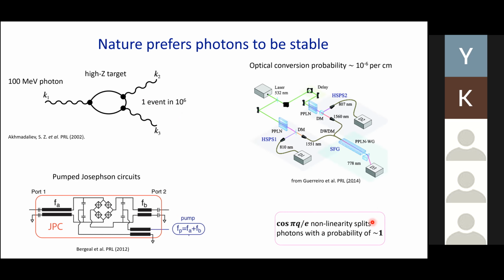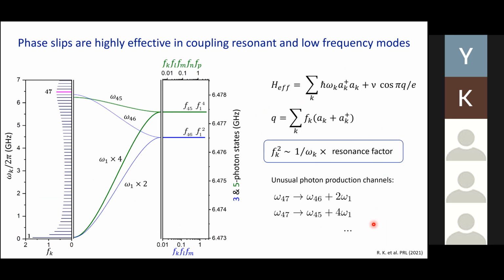To understand it, let's look again at this decomposition of Q, which is a quasi-charge. It contains contributions from various modes in the line with some prefactors Fk. Here on the left, I show you the positions of the modes. Those are measured positions of the modes in one of the devices, starting from the very first one at around 60 megahertz and all the way up to 7 gigahertz and actually even more.